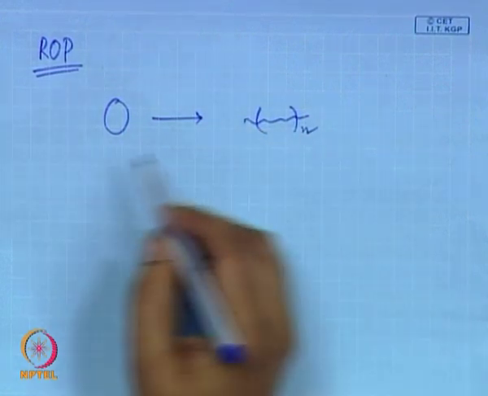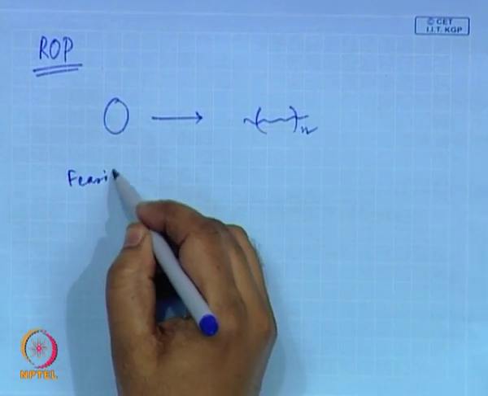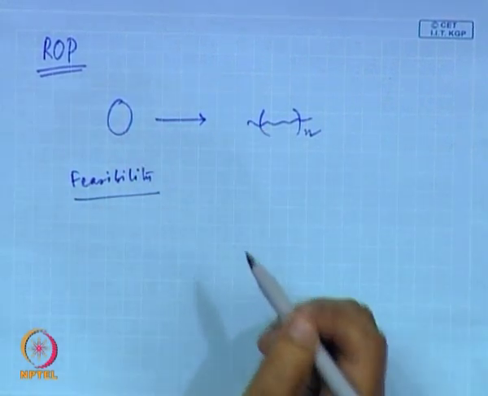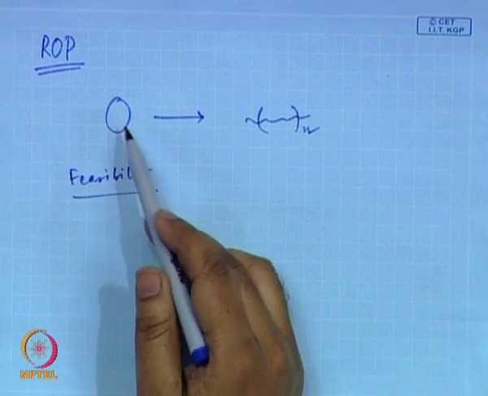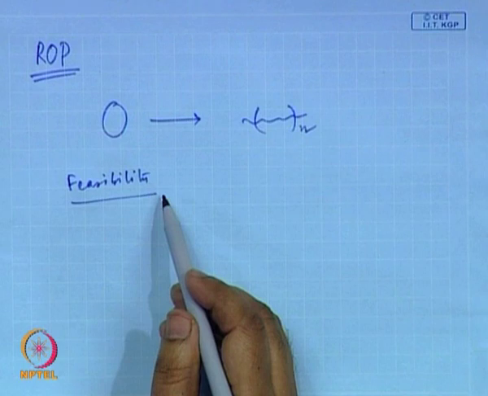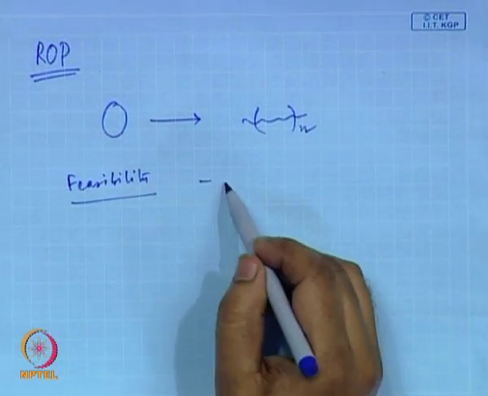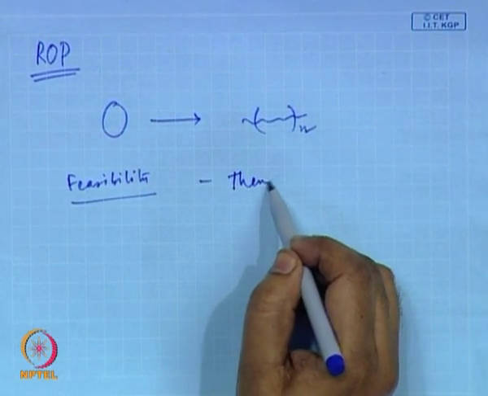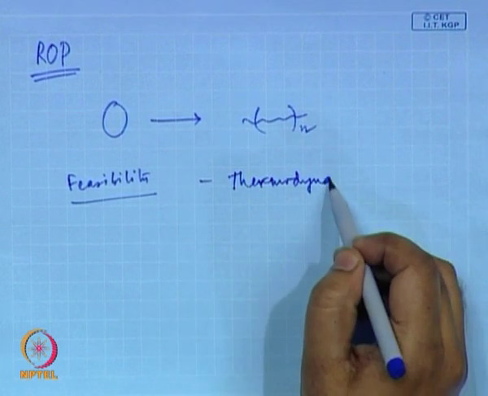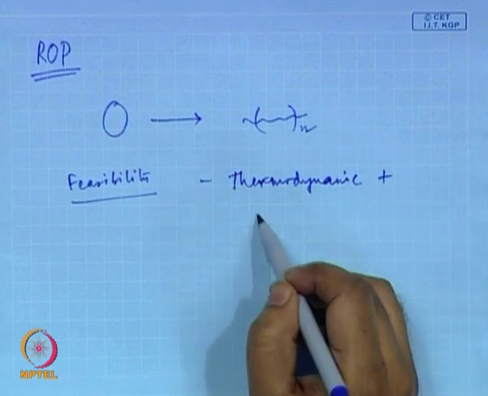Now, the feasibility of this polymerization, from a cyclic monomer to a linear product, like all other reactions, depends on both thermodynamic plus kinetic factors.